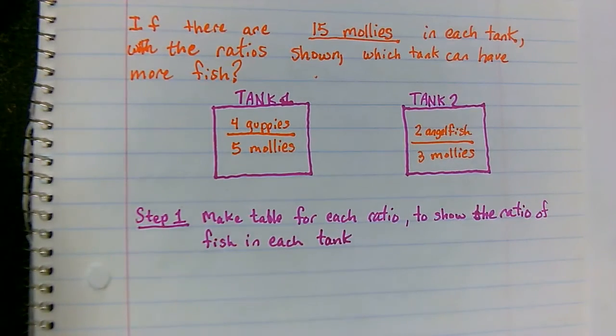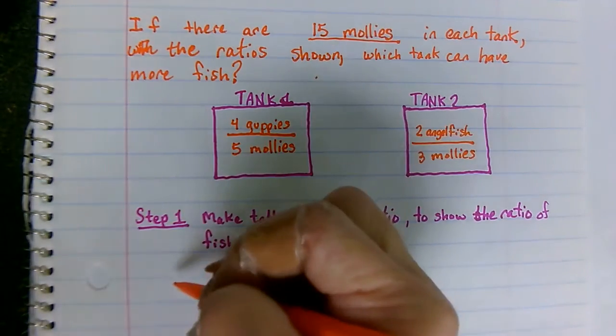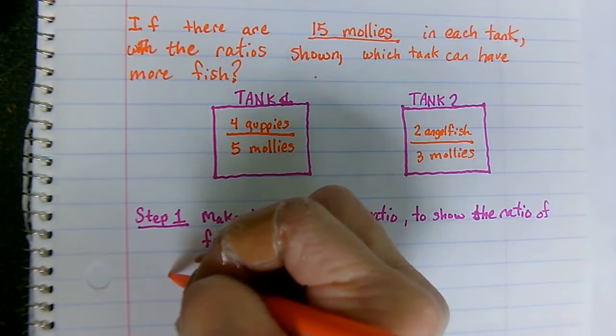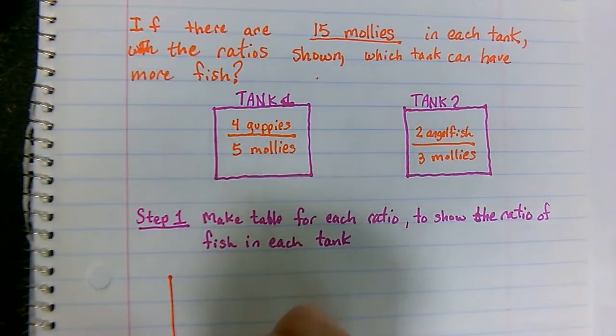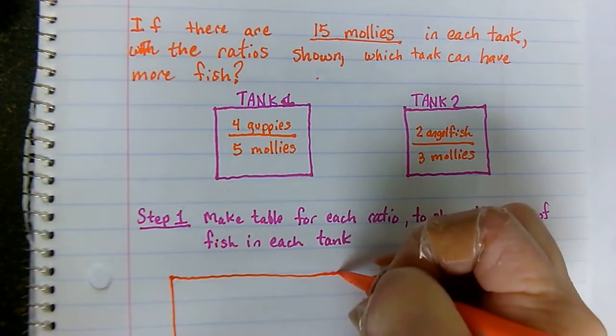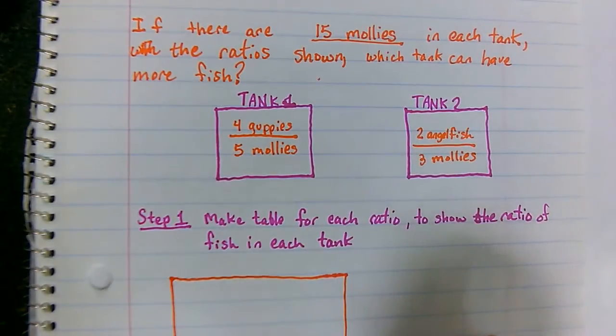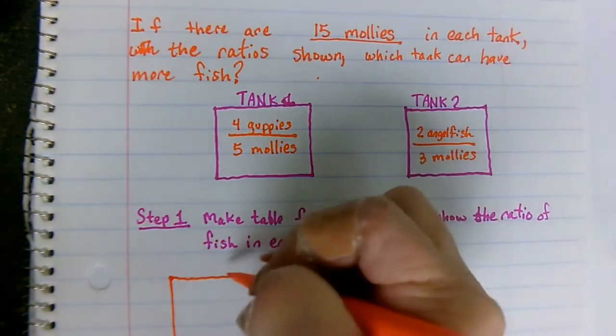Okay, so let's do this by building this table here. Let's go down 1, 2, 3, 4, 5, 6, 7. Okay, we're going to make this a ratio of guppies to mollies for tank 1.